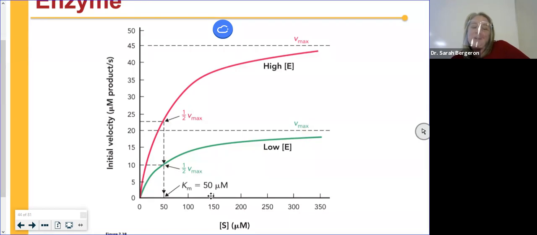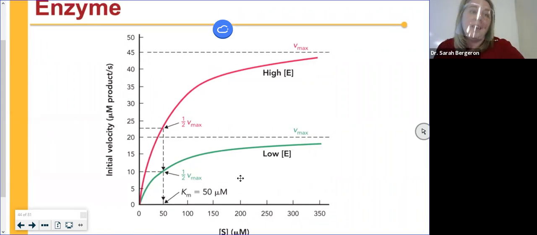So what do we kind of equate this Michaelis-Menten constant to? We said it's a K value. It's an equilibrium value. But what does it really tell us about? Yeah, it tells us about affinity. Yes. So it's really similar to the KD, right?